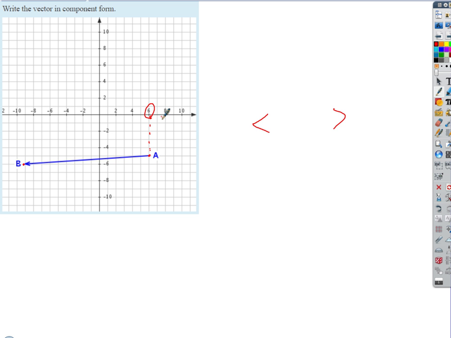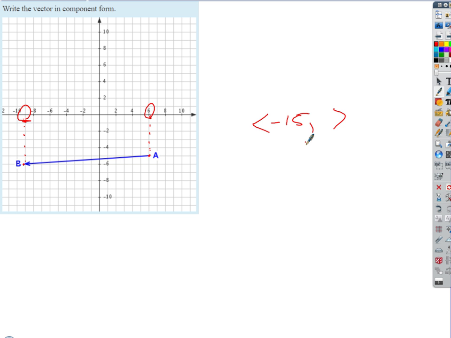My starting x value is 6, and my ending x value is -9. So how far did I move? I had to move 6 plus 9 more. Then I moved left, so it's negative, right? So we go -15. That's how far we moved horizontally.